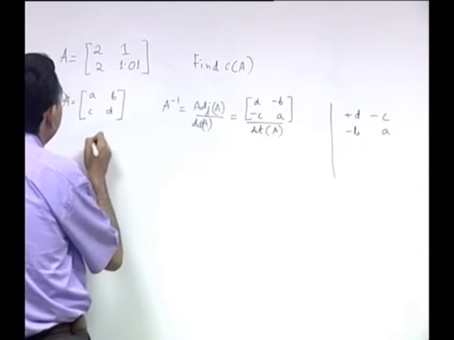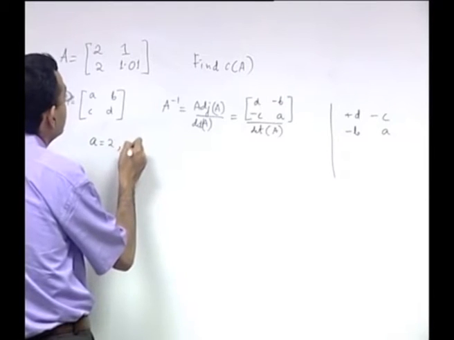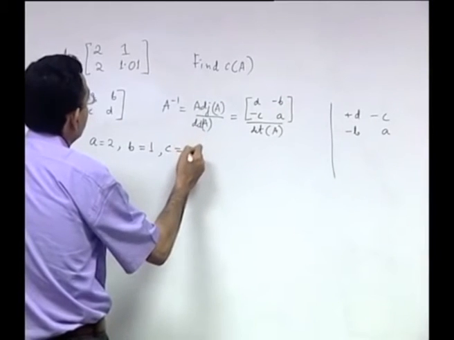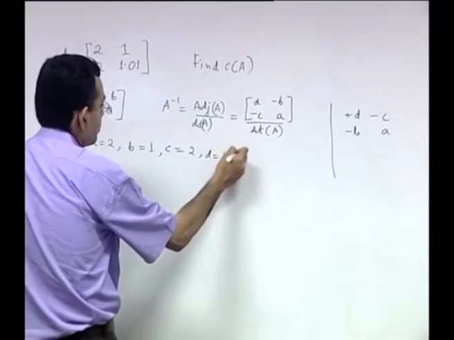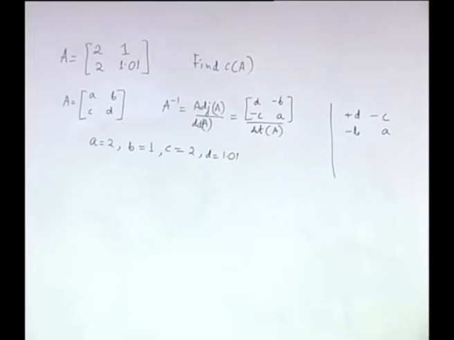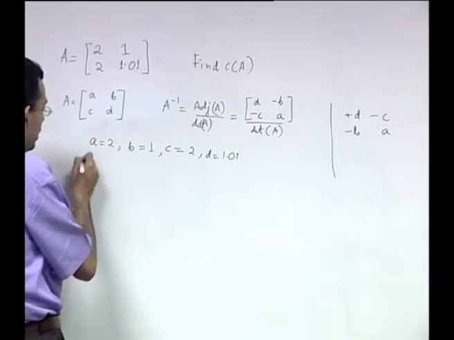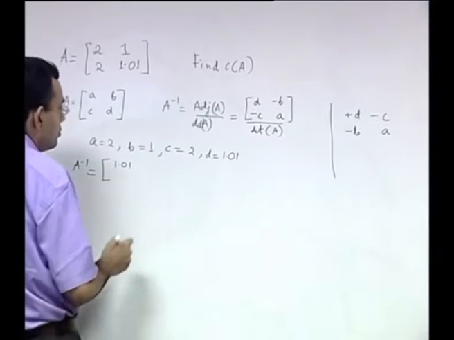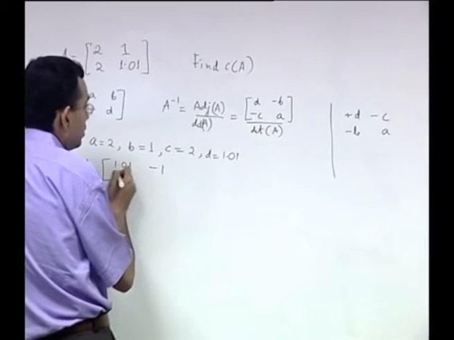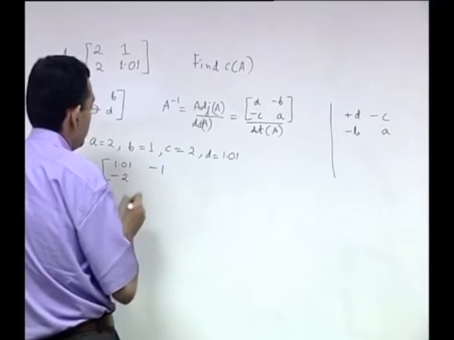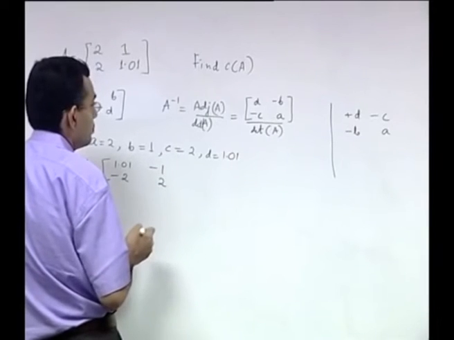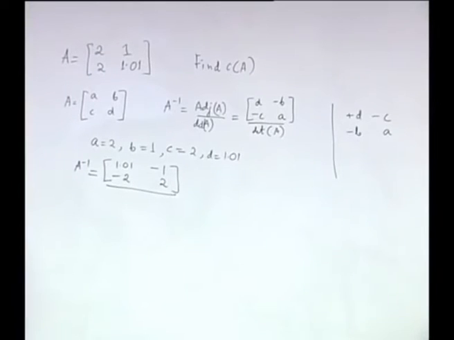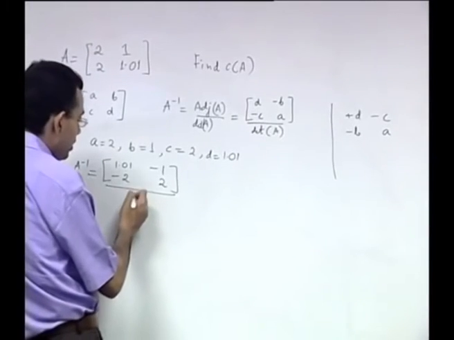Here, what is given? a is 2, b is 1, c is 2 and d is 1.01. So, A inverse is equal to 1.01, minus 1, minus 2, 2, divided by the determinant of A, that is 0.02.